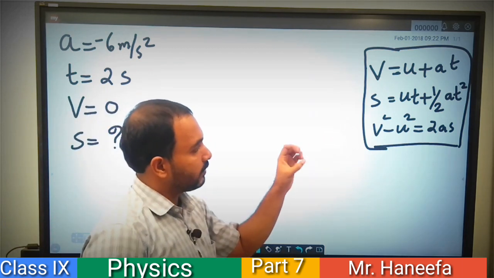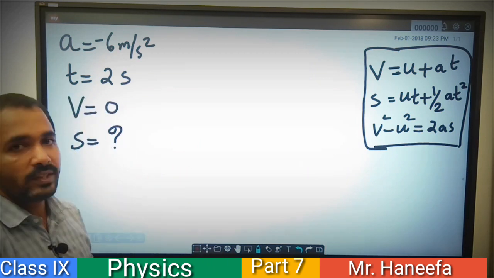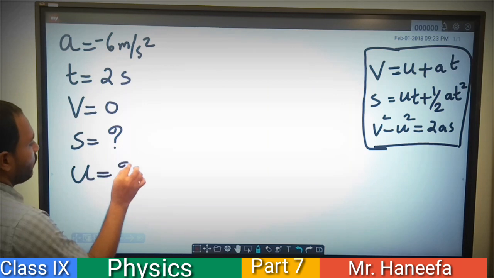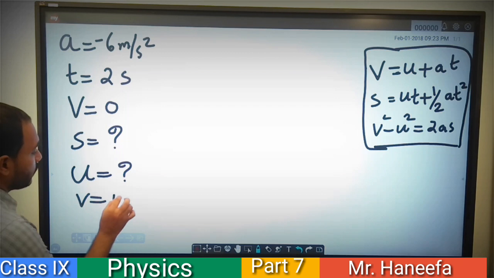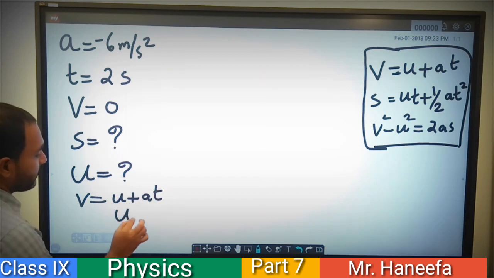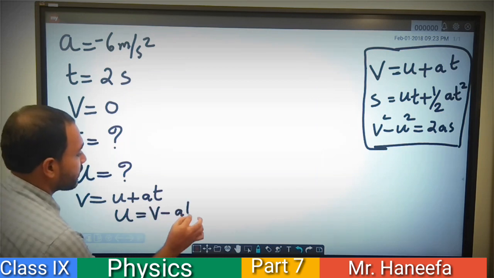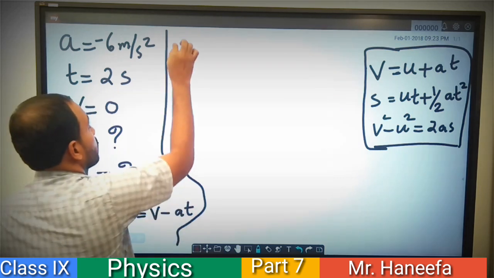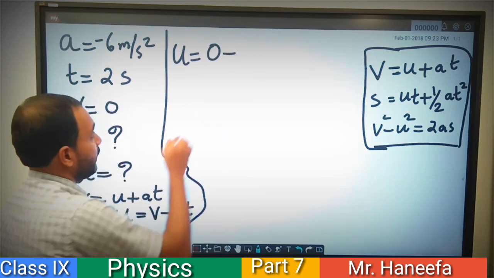In these two equations there is u. First we have to find u. So we know v equal to u plus at. So u equal to v minus at. So u equal to v, 0, minus, what is a?